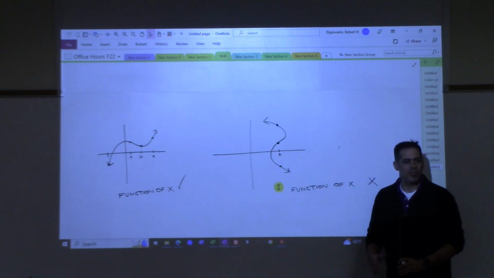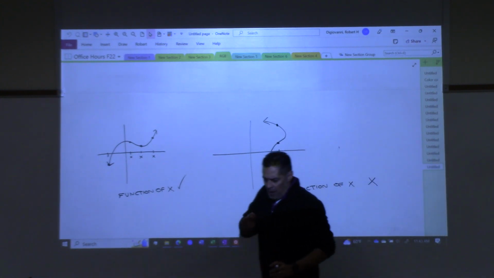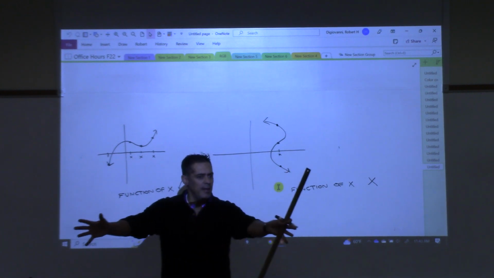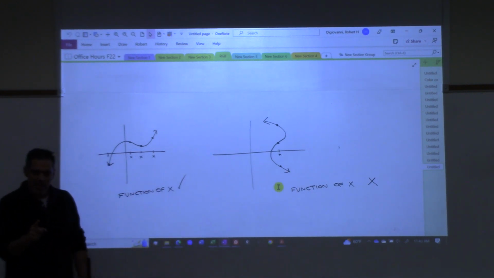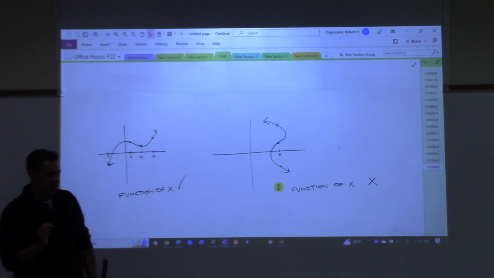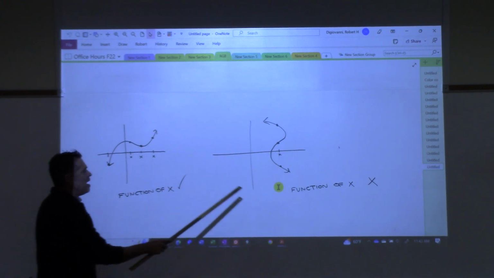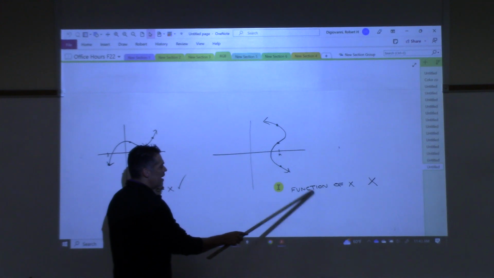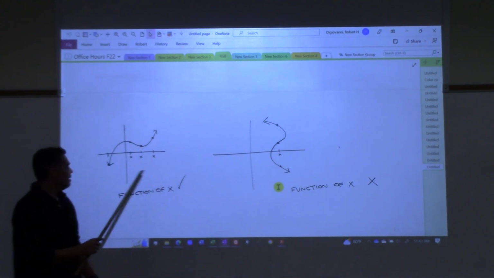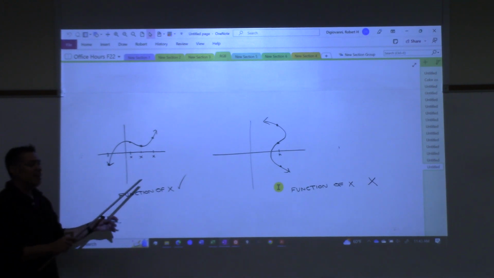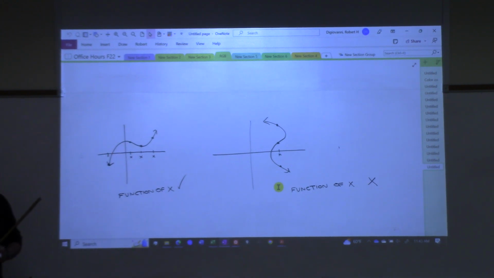That can't be a function of x then, because that means that if I plug in a number, three things come out. Functions don't behave that way. A function is one thing in, one thing out, right? So I would say here, this fails to be a function of x because if I plug in an x, I get multiple values of y. Here, if I plug in a single value of x, I do get a single value of y.